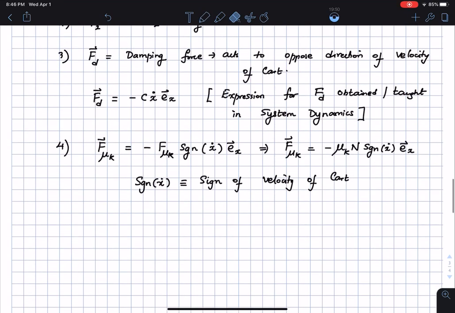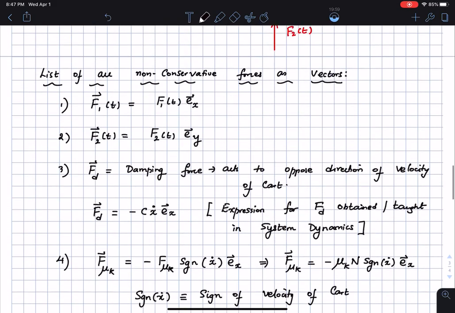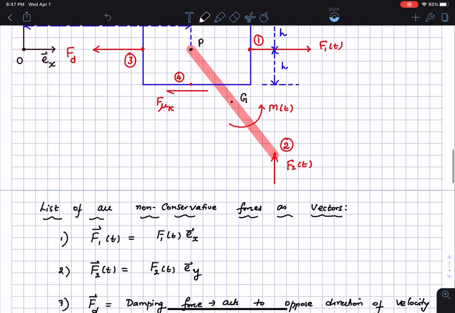And lastly, we have the applied torque, okay, which we're going to be calling m of t. If I write it as a vector, you can quite easily see that the torque applied is in the counterclockwise direction. So the unit vector that is going to be representative here is the vector coming out of the page, which is the EZ vector.